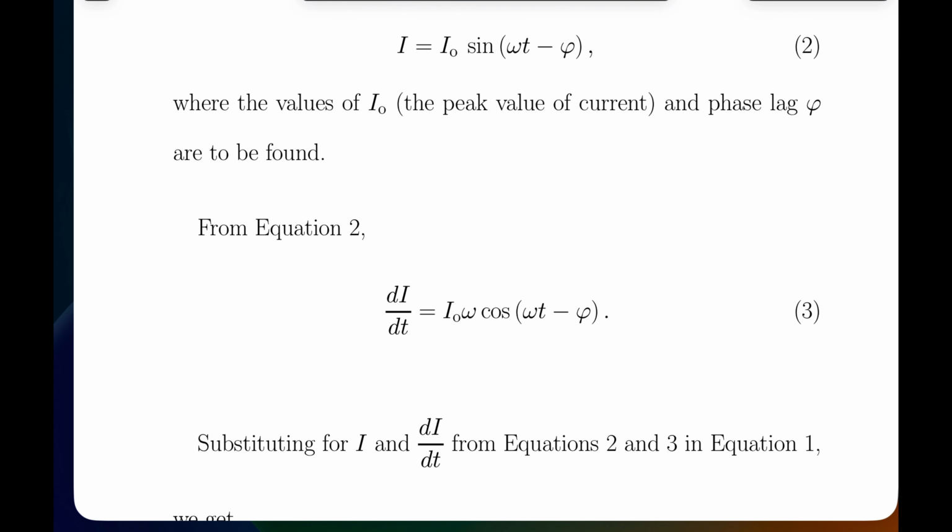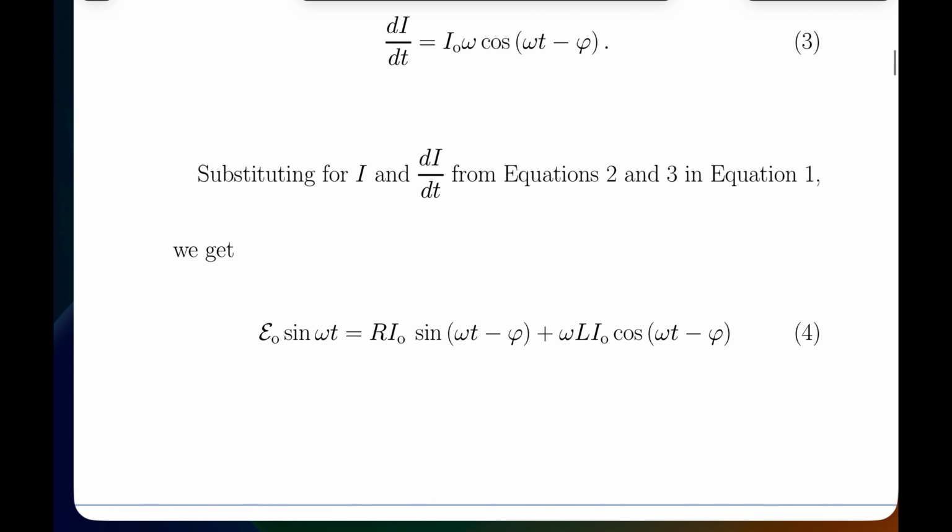So from this equation 2, we find the value of di upon dt. So di upon dt is I naught omega cos omega t minus phi. Put the value of I and di upon dt from equation 2 and 3 in equation 1. What do we get?